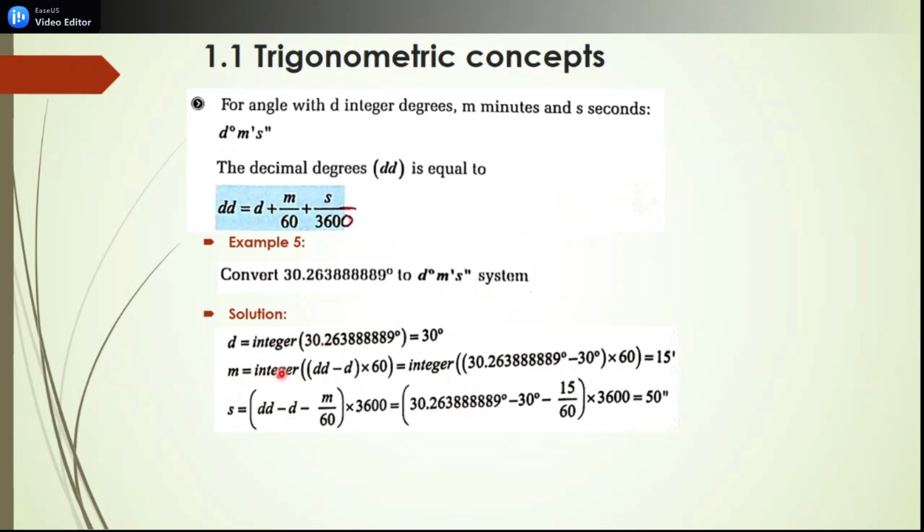Minute is an integer. By using this relation, we take the decimal degree. You know, decimal degree is this one. We subtract D, the integer degree, which is 30. Then we multiply by 60. So after calculating this one, we will get a value of 15 point something.